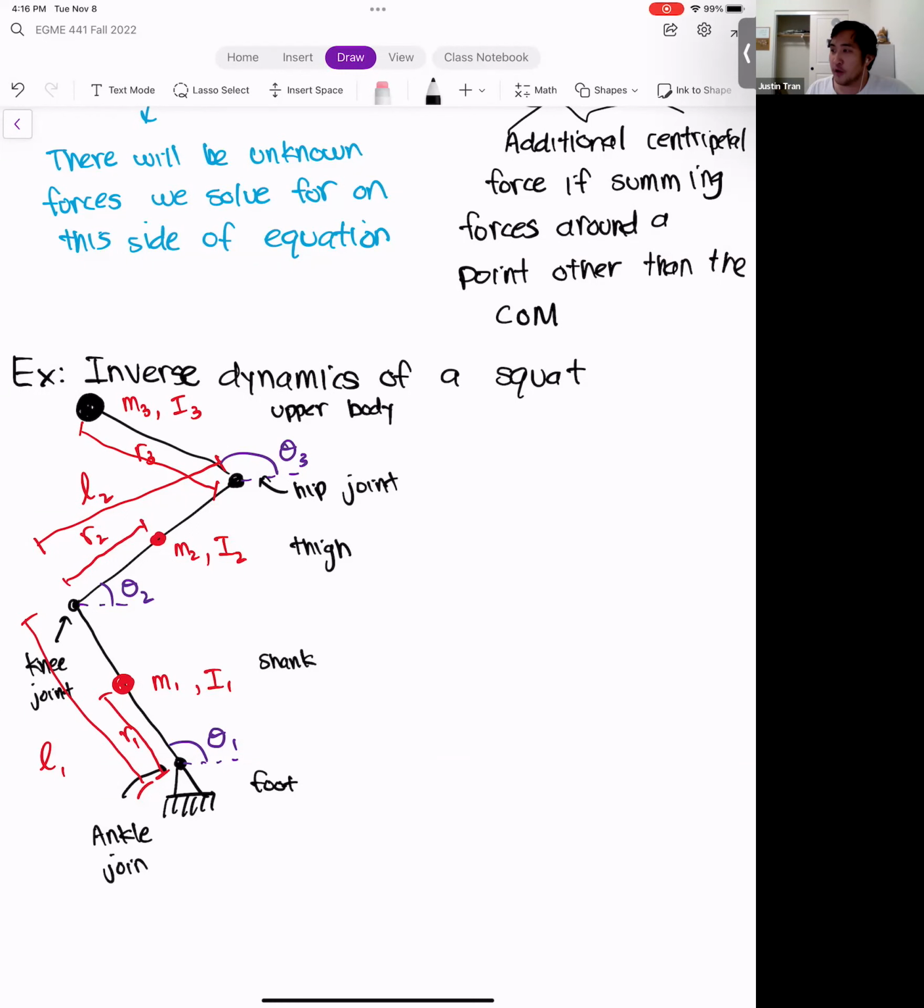Everything that I've labeled in the figure, we're going to assume that we know. So everything there is known. Based on all the known quantities here, what we're interested in computing are the net forces and net moments at the ankle joint, the knee joint, and the hip joint.